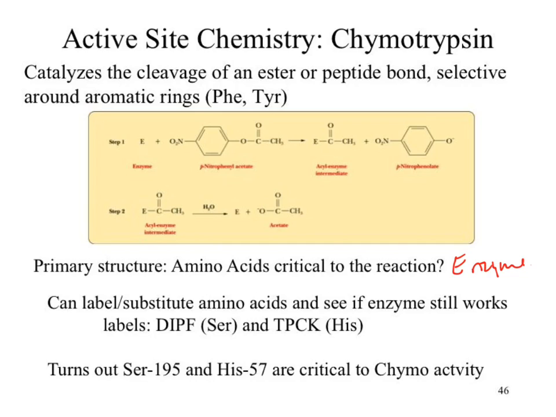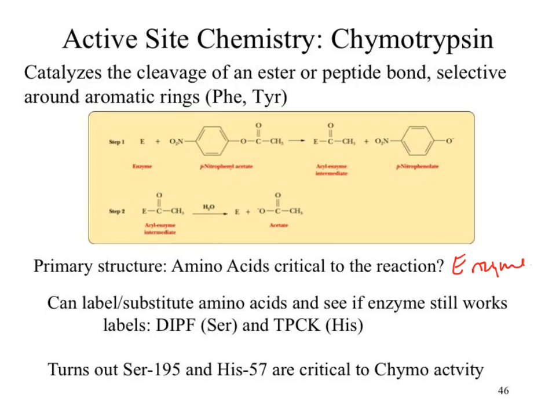One of the things that we could do is try and figure out what amino acids are important. We vaguely talked about this earlier in the semester, and now we're getting into some details. We can go through and tag certain amino acids and see how they affect the reaction.